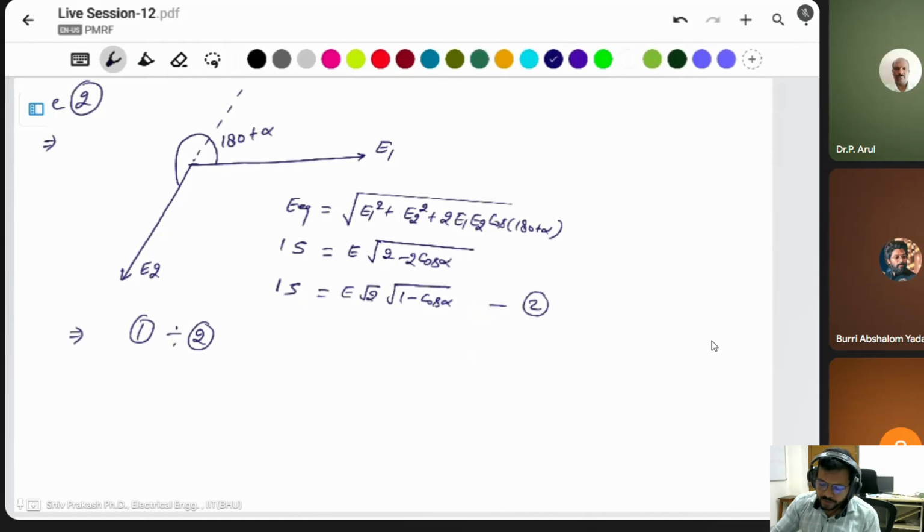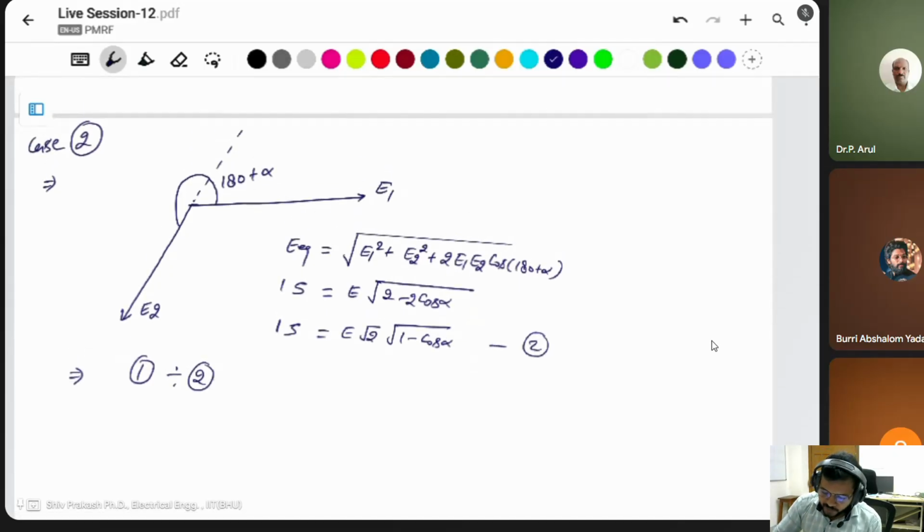If E2 is minus of E, then the square of minus E is only E square, not minus E square.